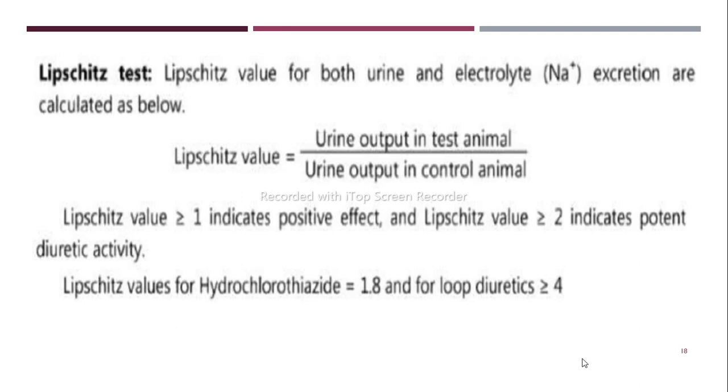Okay, from this value we can easily determine, and these values are given. You can go to Google and find out the Lipschitz value of all the diuretics. If you have an extract, you can compare the value of your extract with this Lipschitz value, and you can correlate the activity of your herbal extract.